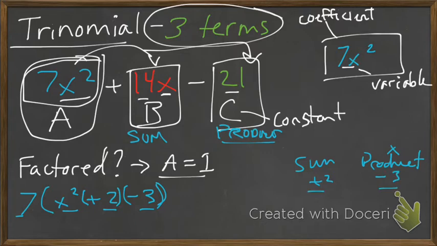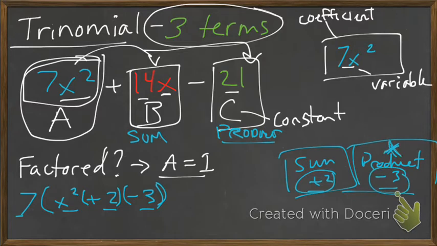Think of two values that will add up to positive 2, and when you multiply them, get negative 3. I always go to the product first because it's easier. How can I get 3 when I multiply? 1 multiplied by 3. That's pretty much the only way to get it. Now I have to find a way to get positive 2 when we work that out. And of course this has to be negative as well.